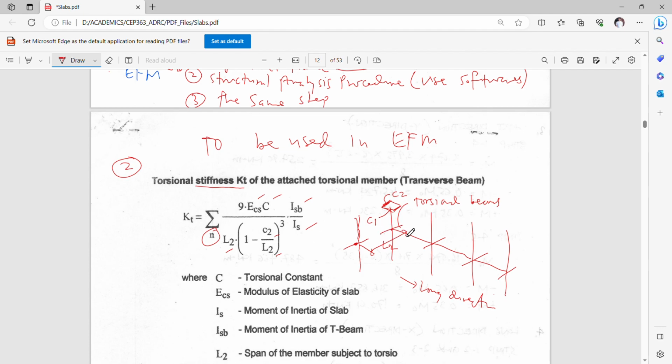If this is one torsional beam, two, three, four, five, six, etc. So you just take the summation of all of these torsional elements that will add up to the stiffness of the long direction, thereby providing resistance to your lateral swaying. So this is a very efficient tool in dealing with a frame-by-frame analysis as far as the equivalent frame method is concerned.